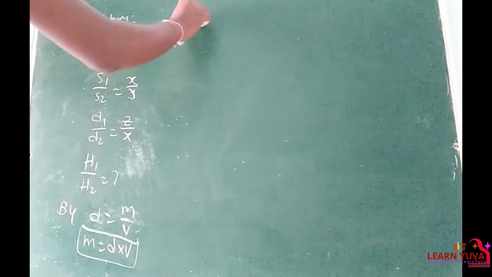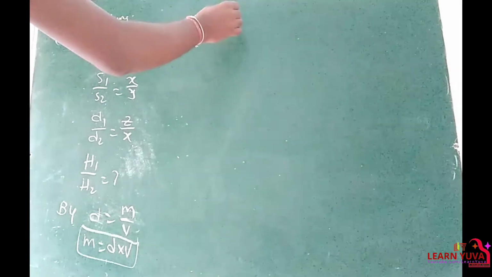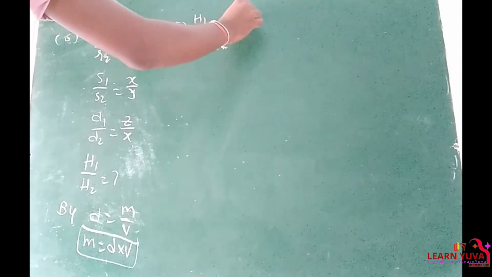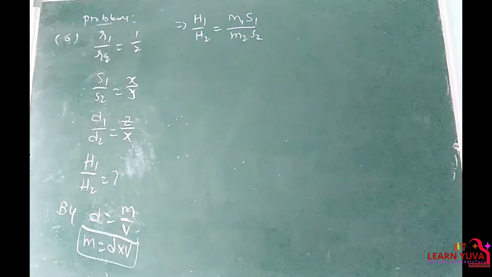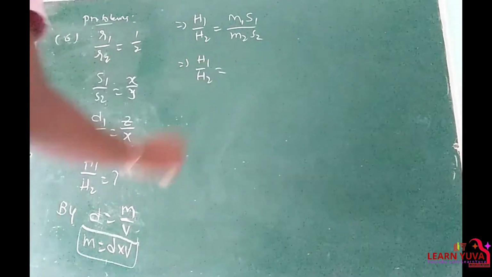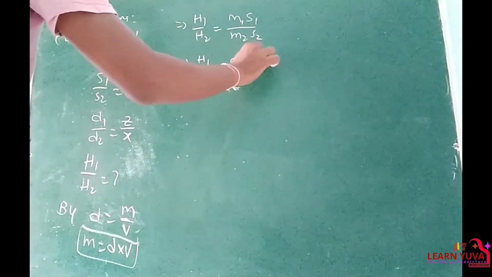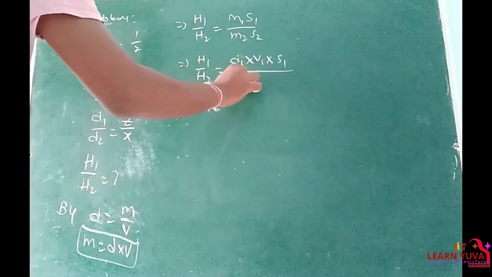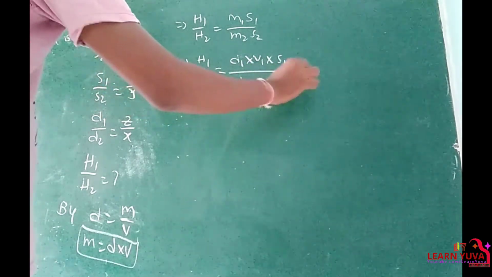That means H1 by H2 is equal to, the actual formula is M1S1 by M2S2. It is the actual formula, H is equal to MS. That implies H1 by H2 is equal to M1 means D1 into V1 into S1 by M2 means D2 into V2 into S2.